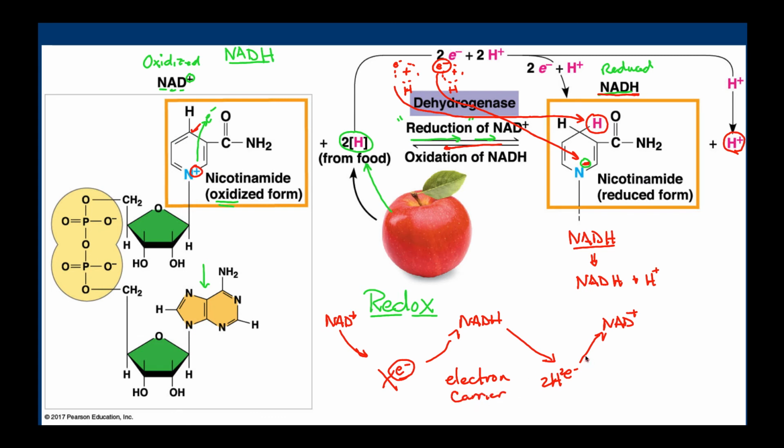And one of the things that you ought to remember about electrons is that electrons are some distance away from the nucleus of an atom. And you know that the further the distance an electron is away from its nucleus, the greater amount of energy that electron possesses. And so NADH is going to carry electrons that are high in free energy.